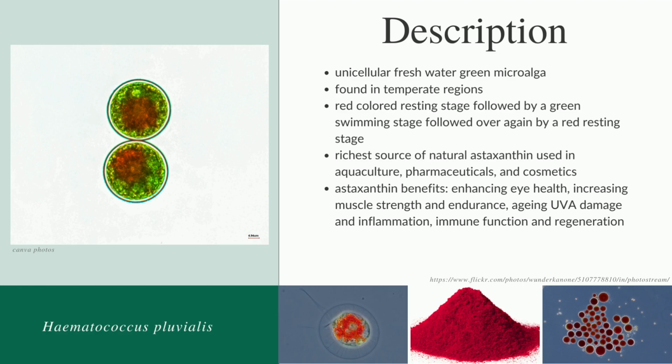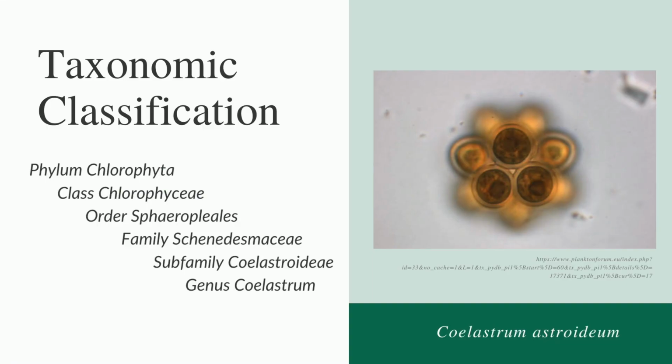pharmaceuticals, and cosmetics. Coelastrum astroideum is from the family Scenedesmaceae under genus Coelastrum. The members of this genus appear to be free-floating colonies, usually spherical, cuboid, or pyramidal, and have widely varying numbers of individual cells. They thrive in fresh water from Arctic to subtropical, but most often in eutrophic environments.